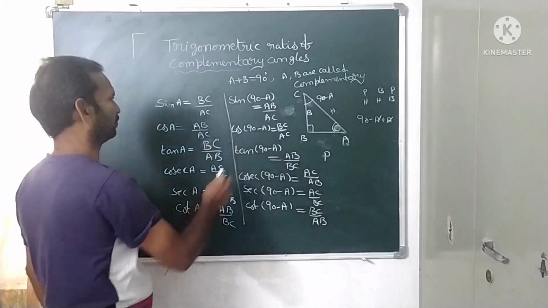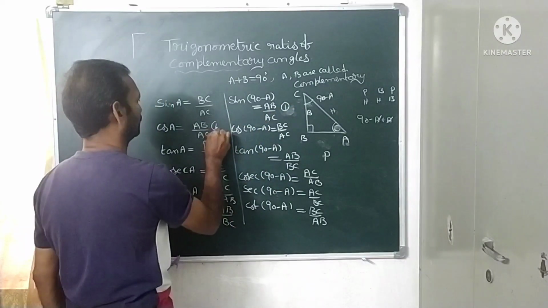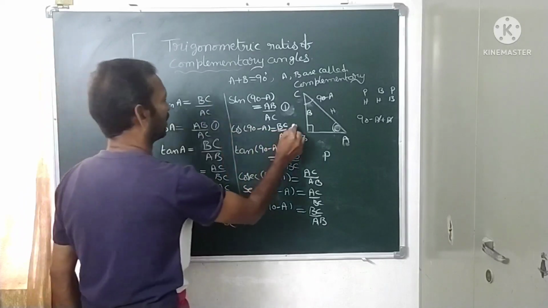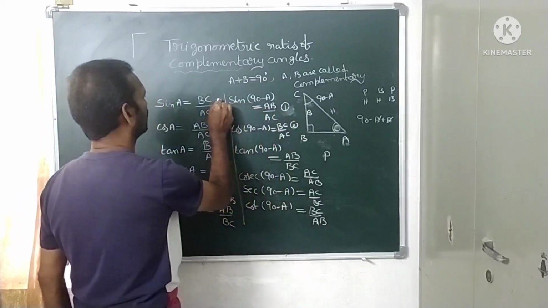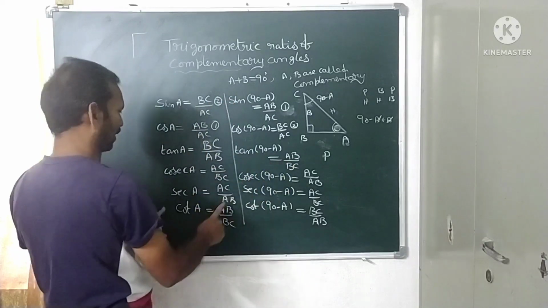See. 1: BC by AC, BC by AC. 2: AB by BC, AB by BC.